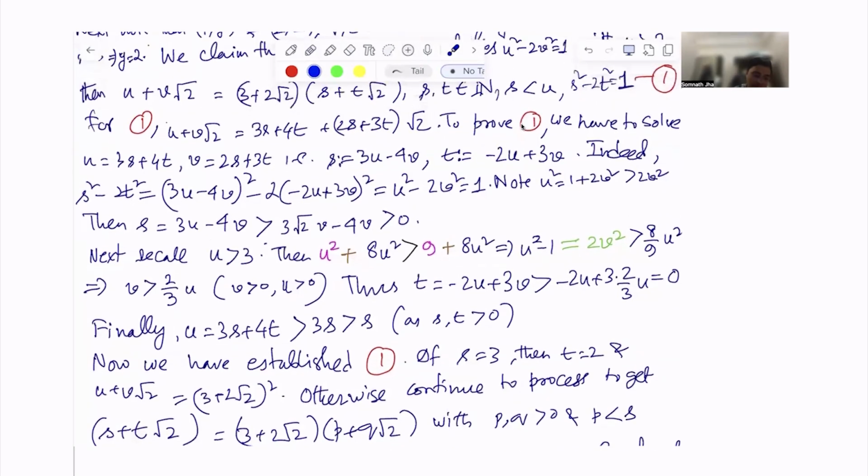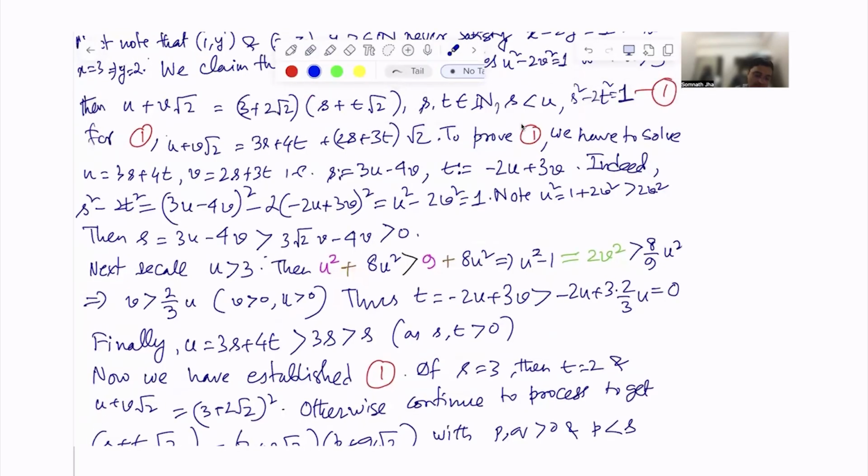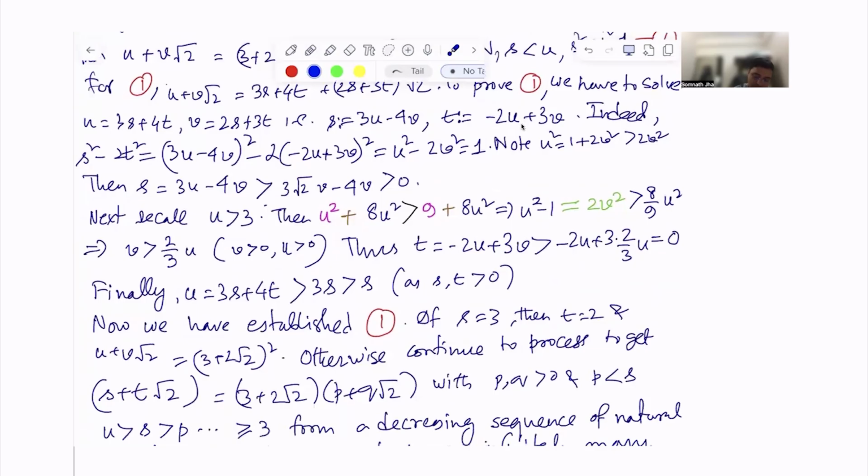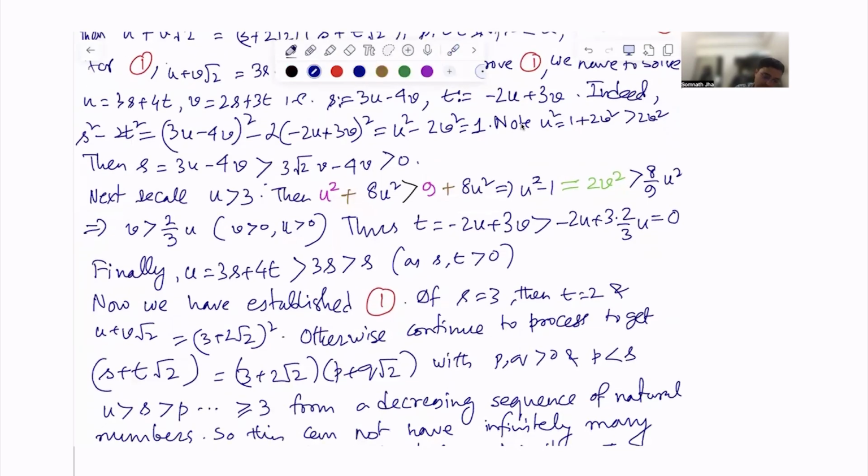So whatever happened in step 1, with p and q belonging to N, and p is less than s now, and p square minus 2q square equal to 1. Okay, this is also there.